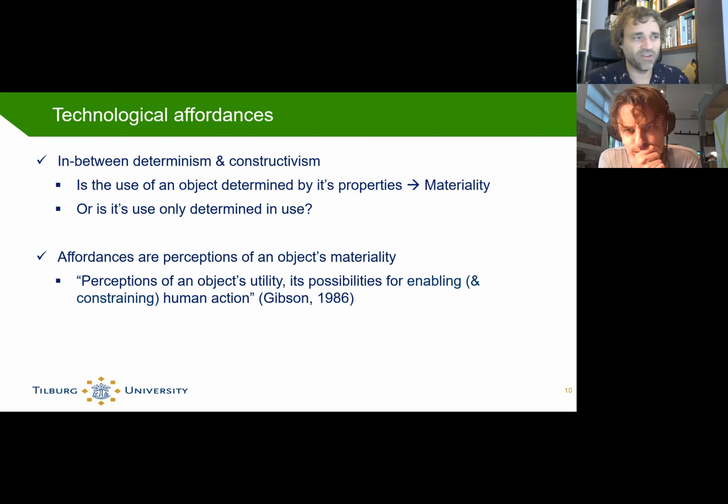So they say it's in the middle, and they define it as perceptions of an object's utility, possibility for enabling and constraining human action. Well, it's still pretty vague, but it basically means that affordances are useful characteristics of a technology. And with useful, that means they are agreed upon characteristics.